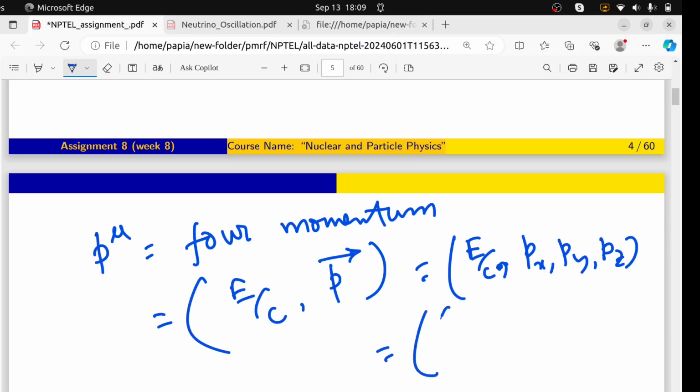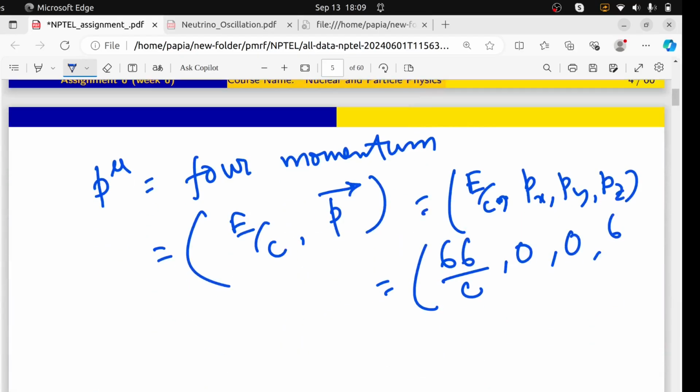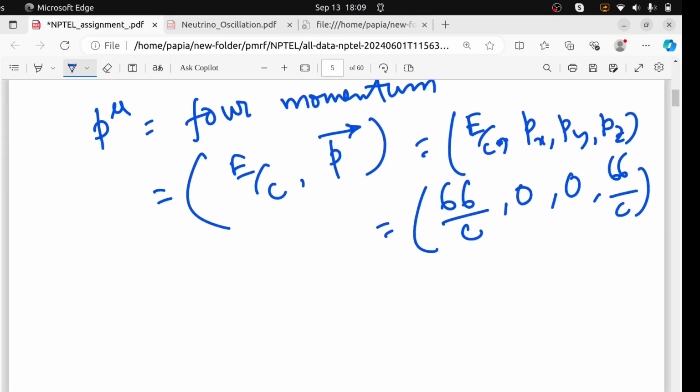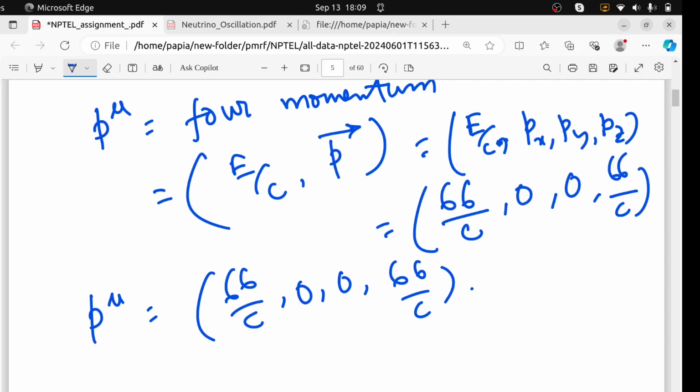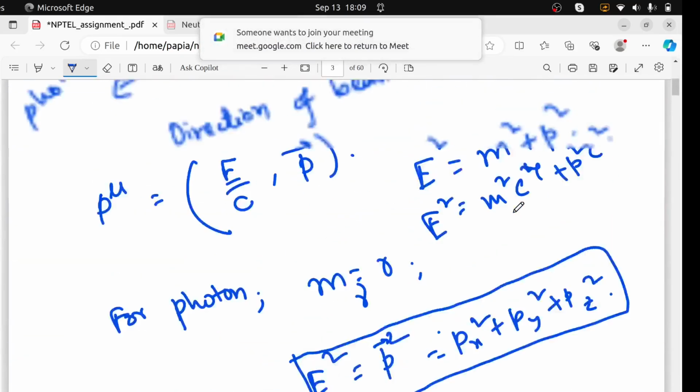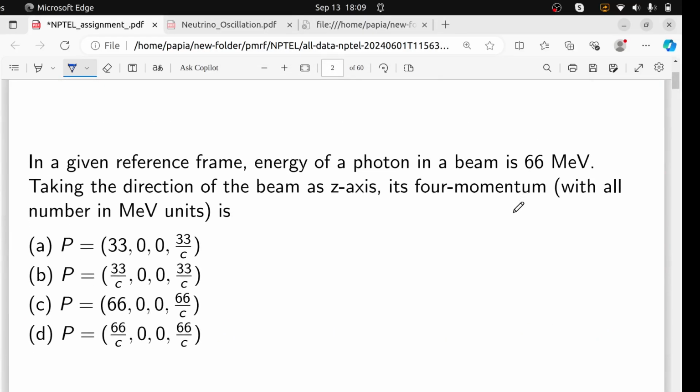As E is already given as 66 MeV, it is 66 by C, and Px is 0, Py is 0, and Pz I have already calculated, Pz is again 66 by C. So the four-momentum will be, in MeV units, 66 by C, 0, 0, 66 by C. So now let me check which one is the correct option. The correct option is D, 66 by C, 0, 0, 66 by C.